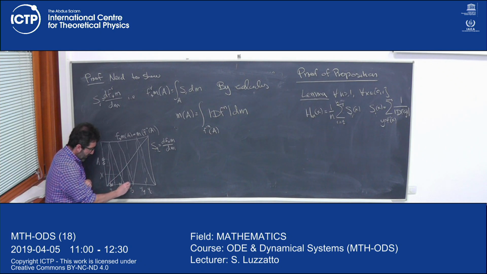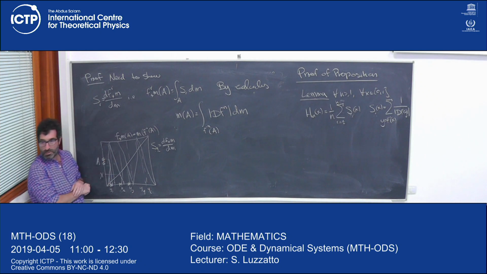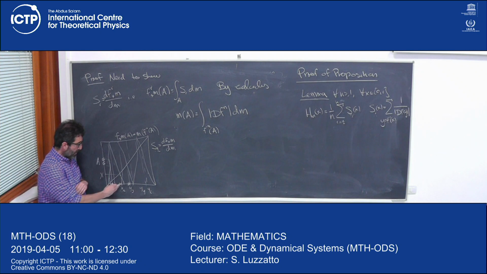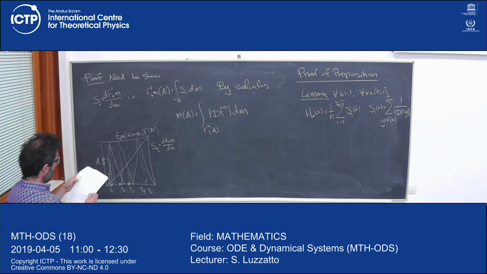And you know that there's a relation between the size of this and the size of this: the size of this is equal to the integral over this of the derivative, because it's a pre-image. So we just take the sum of the integrals over all the pre-images. Okay, we get that.